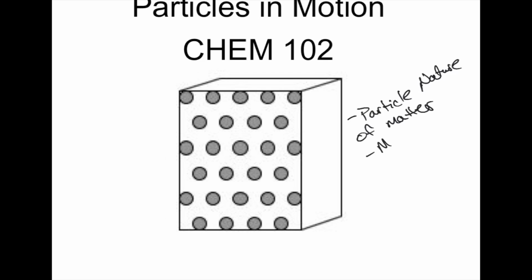Those three variables were mass, which is the amount of stuff that a substance contains, and we can just count the number of particles within this and the size of the particles and things like that. And then this model also allows us to describe the volume, which is the amount of space that a substance occupies. And then the last was the density, which was the relationship between the mass and the volume, so the amount of stuff in a given space.